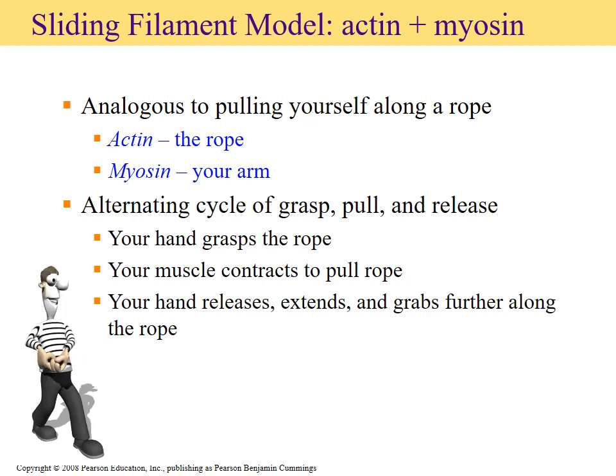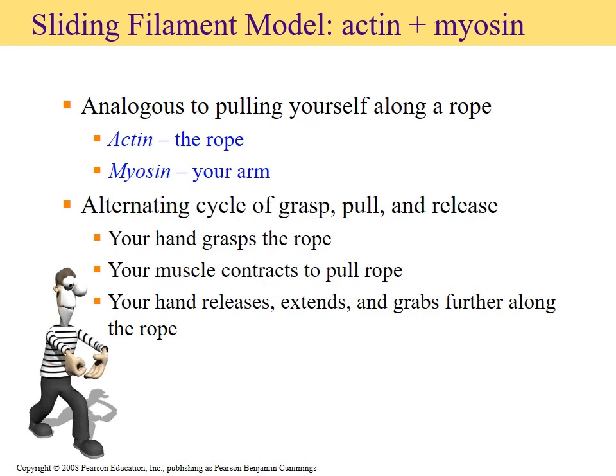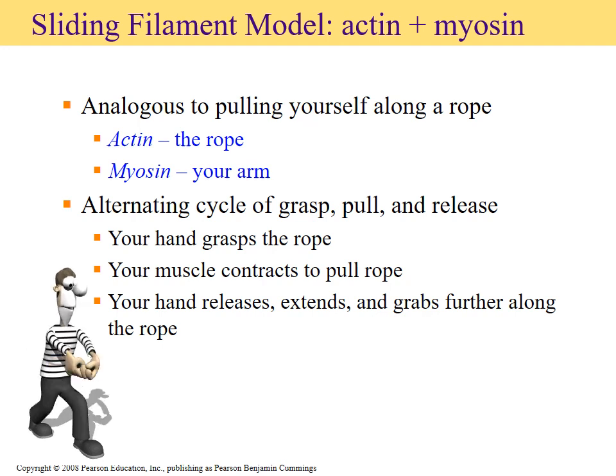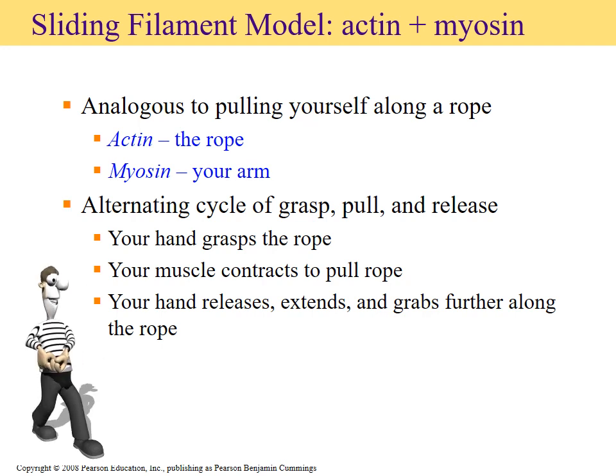He's trying to hold onto the actin with one head of the myosin, pull it, and then take his other hand, which represents the second head of the myosin, grab another piece of the actin and pull it again. So you have this whole grasping, pull, and release mechanism. And as you're listening to me and you're going, what is she talking about? Don't worry, I have a lot more scientific illustrations coming up that will highlight the sliding filament theory.